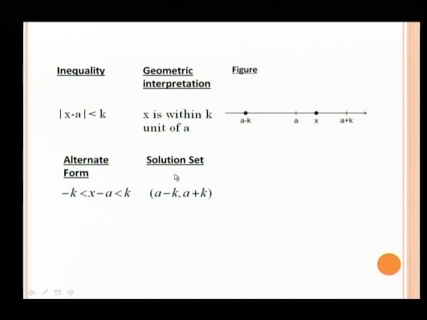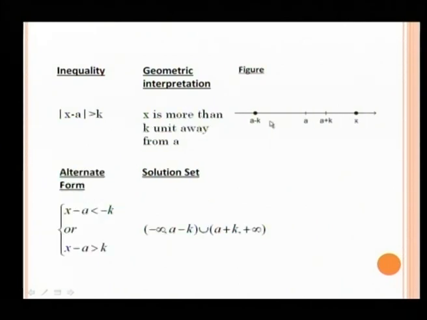The solution set for this inequality would be (a minus k, a plus k). This solution set can be shown in this figure where you can see 4 points on this line: a minus k, a, x and a plus k. We have explained its geometric interpretation that x is within k units of a.